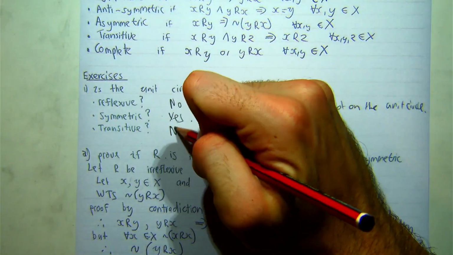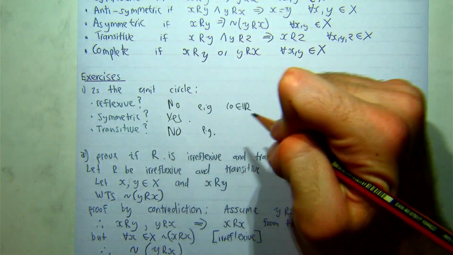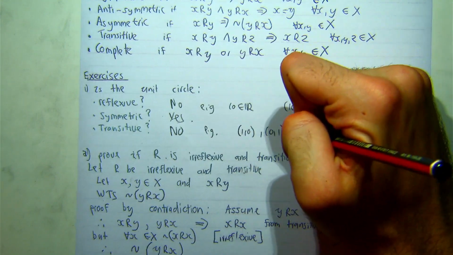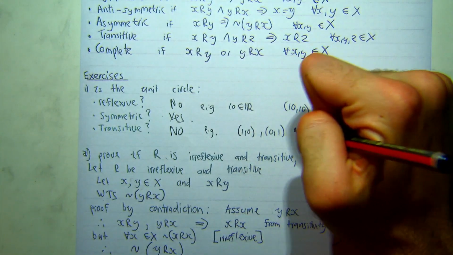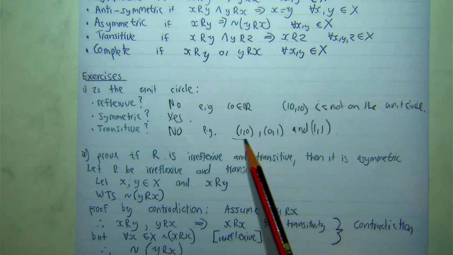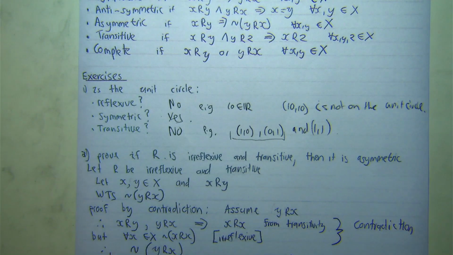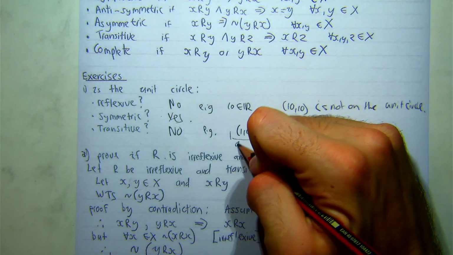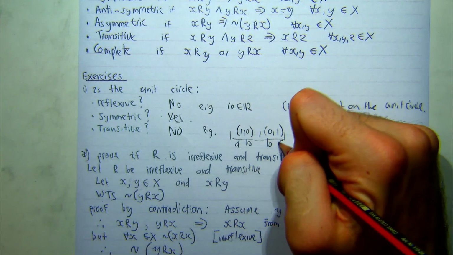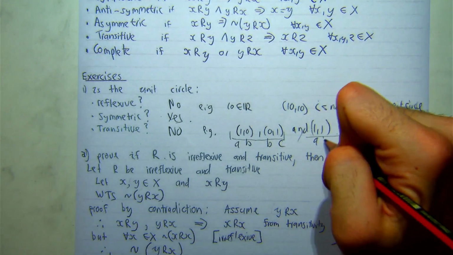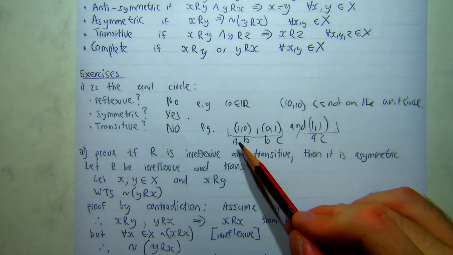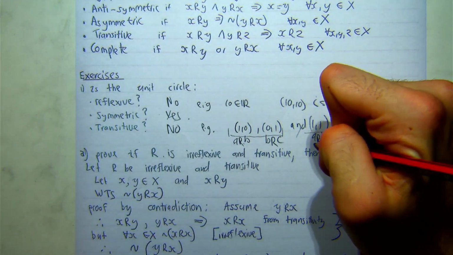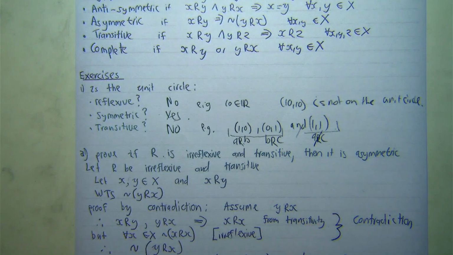So no. Our counterexample is: those ones are on the unit circle and this one is not. You have A, B, B, C, A, C as the connection. A relates to B, B relates to C, but A does not relate to C.